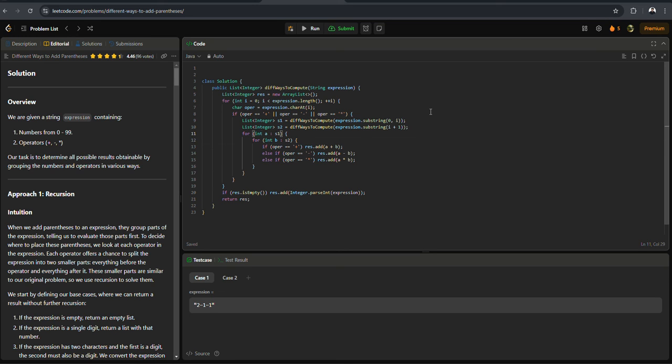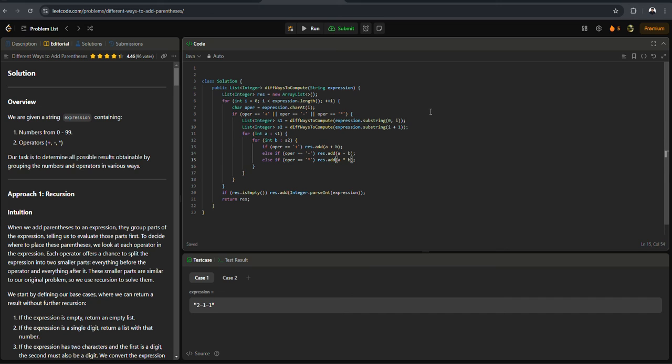If our string can't be divided any more into parts, what we do is take a as substring 1 and b as substring 2, as integers a and b, and use the operator: if plus, add the values; if minus, subtract the values; if multiply, multiply the values.